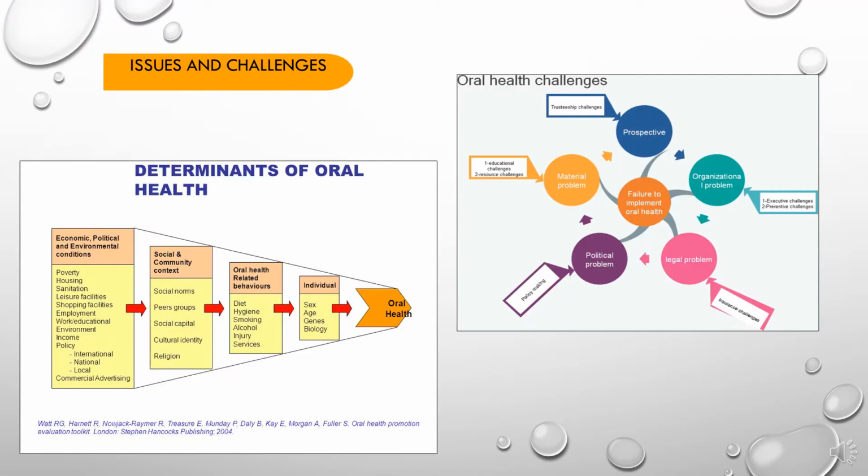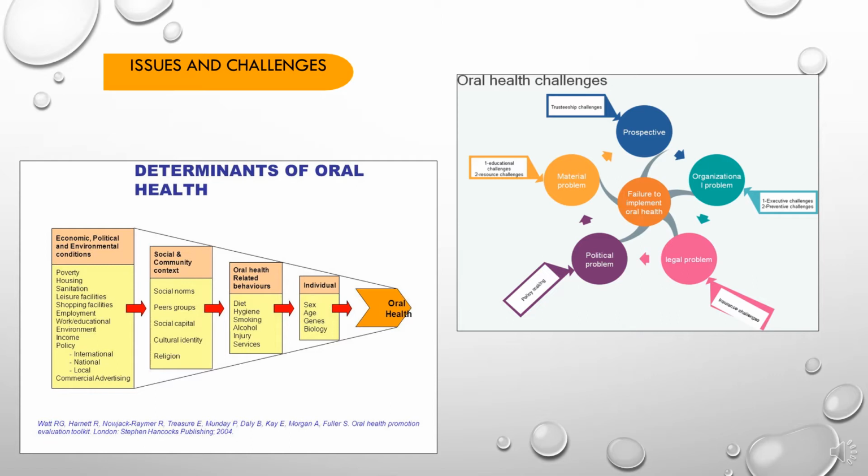So for oral health, when we group all the determinants, we see that we have economic, political and environmental conditions, social and community contexts, oral health related behaviors and individuals, which will finally affect the outcome of oral health.